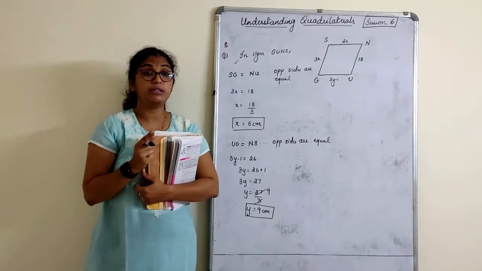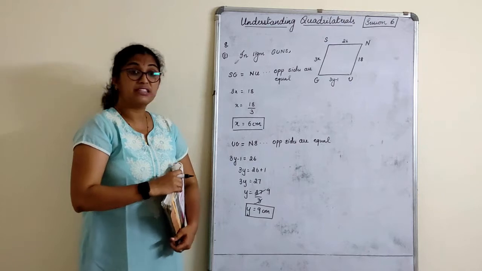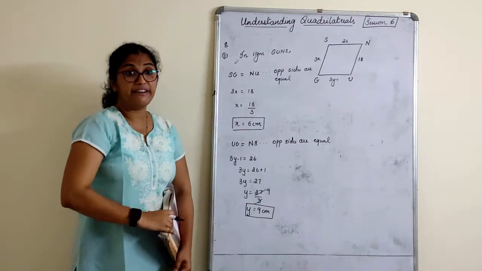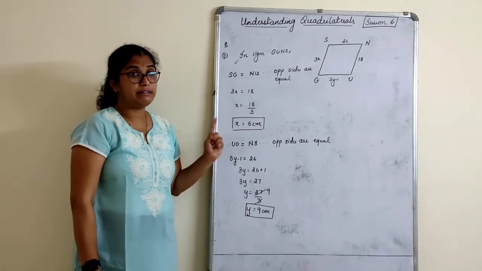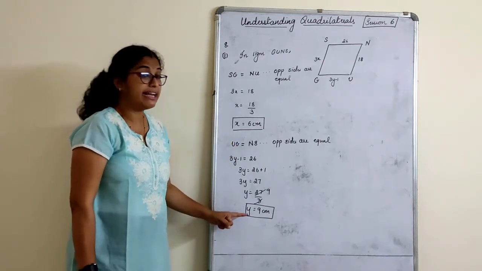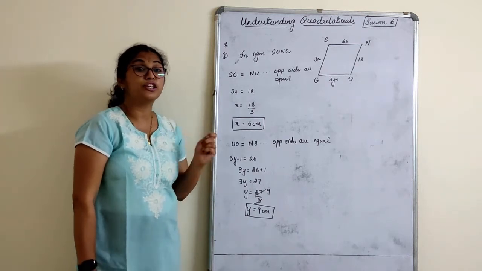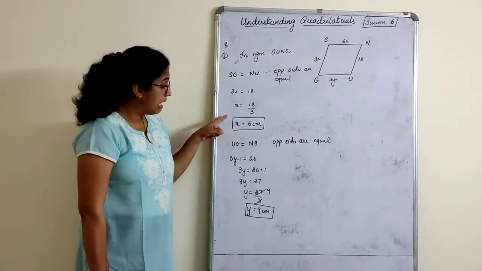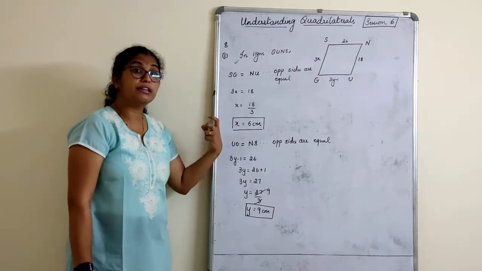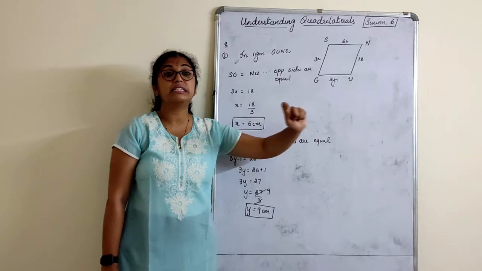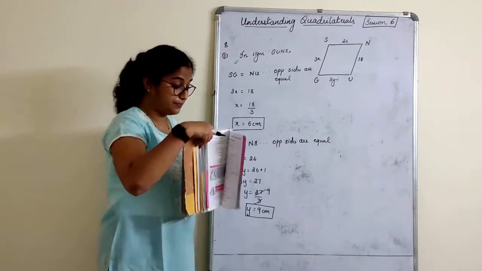Please give the concluding answer always. If it is a verbal sum, you need to write a statement. Look at the sum. To every sum that I write on the board, I always highlight the concluding answer. If you have seen that, right? So that is what you have to put into practice right from now. Highlight or underline or put it in a box the concluding answers. If it is a verbal sum, give the statement, which is more important.